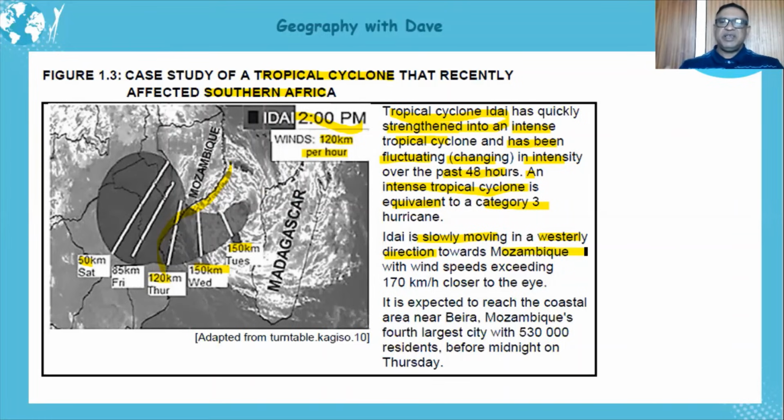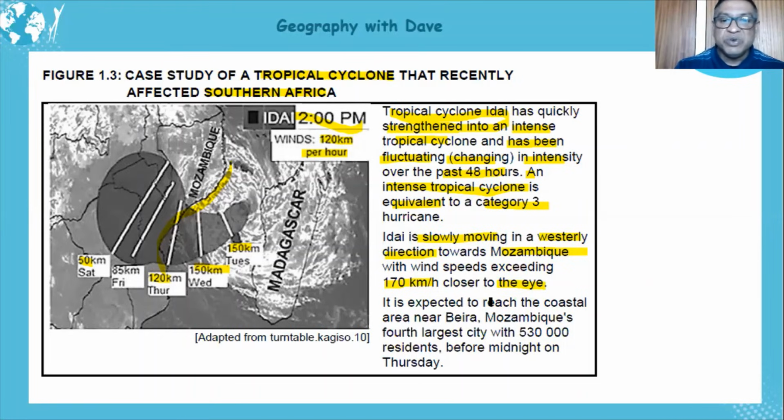You already picked up, it moves from east to west with wind speeds exceeding 100 kilometers per hour closer to the eye. It tells you that closer to the eye, the wind speeds are greater, meaning the pressure gradient will be greater there, isn't it? Okay, can you see what's happening here?